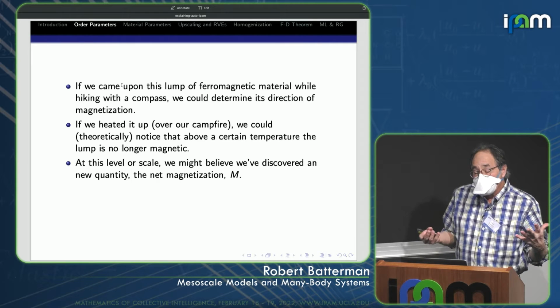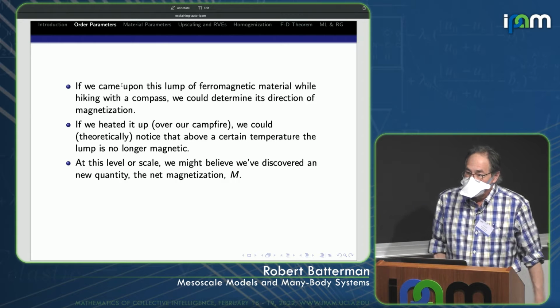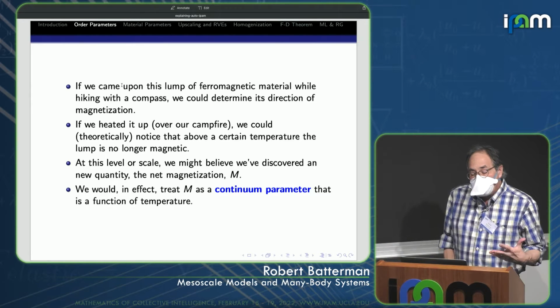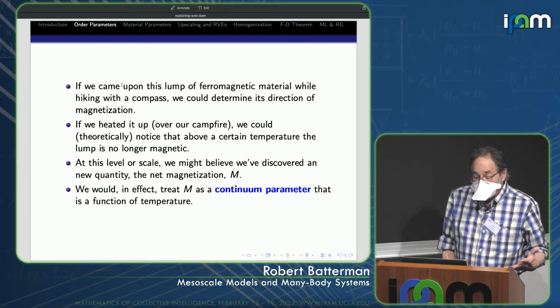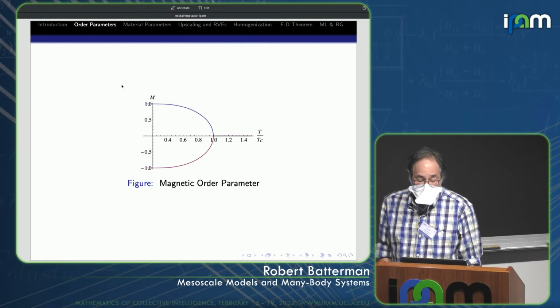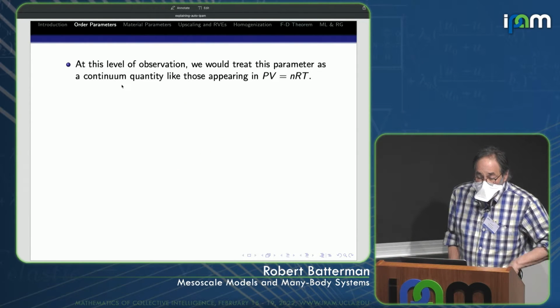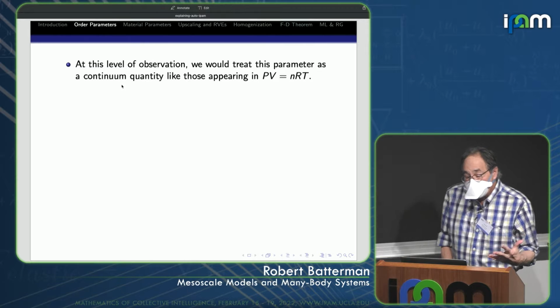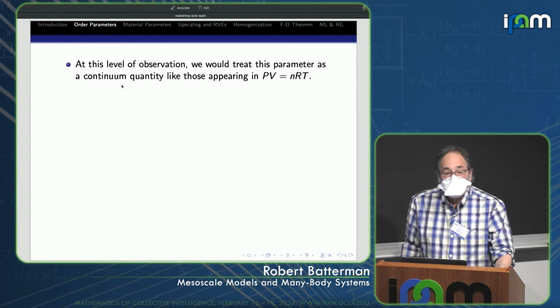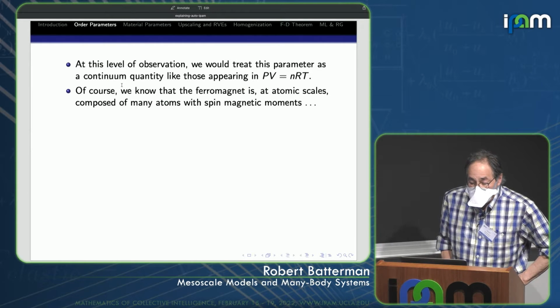At that level or scale, we might believe that we've discovered a new quantity, the net magnetization M. And we would in fact treat M as a continuum parameter that's a function of temperature. And everybody knows that this is sort of the plot of the order parameter and how it changes with temperature. But at this level of observation, we would treat the parameter as a continuum quantity like pressure, volume, and temperature in the ideal gas law.